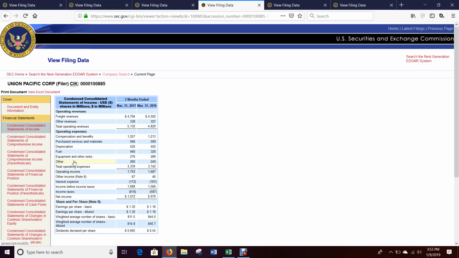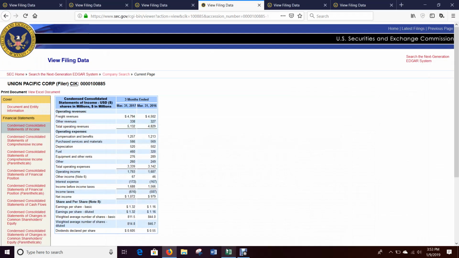Since it's a cash budget, things like depreciation are non-cash, so we're going to ignore them. But we need compensation, purchases for services and materials, fuel, equipment, rents, other. So this total operating piece is 3339 minus depreciation, which will give us the cash piece, and then we'll spread it out like we did last time.